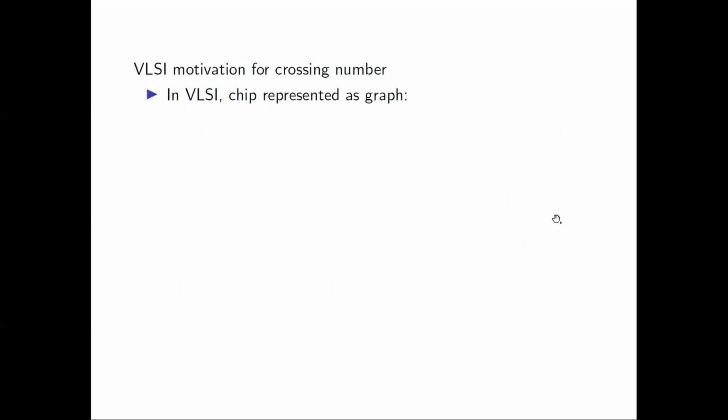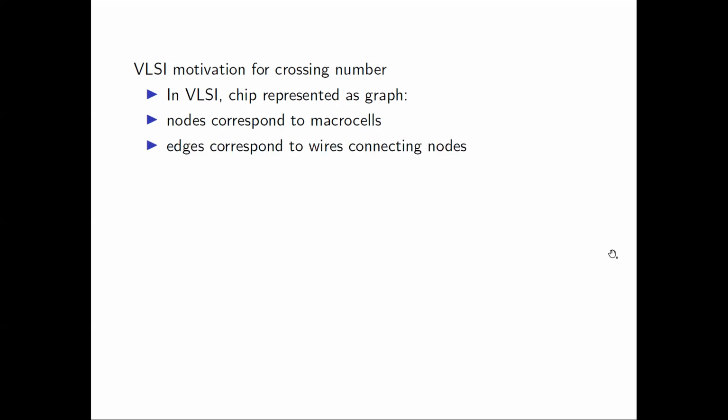So suppose we have some VLSI chip and we represent it as a graph, and the nodes / vertices of the graph will correspond to macro cells in the chip. And edges in the graph will correspond to wires that connect the nodes / vertices, which are the macro cells.